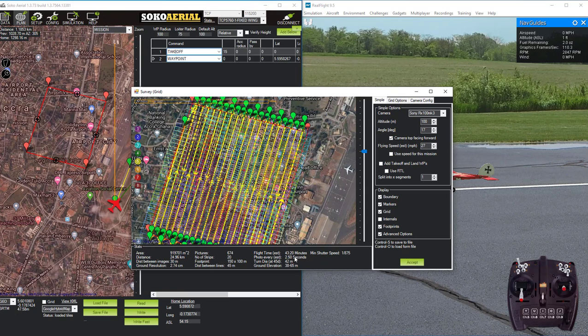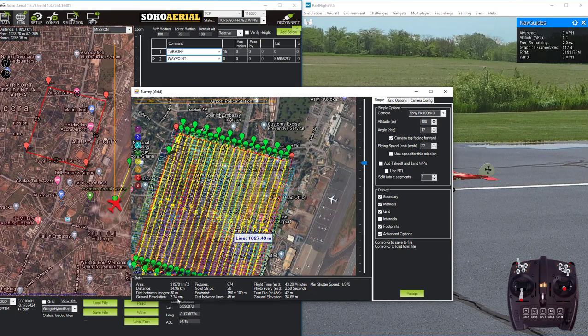I have some interesting statistics about my flight. I have a flight time of around 43 minutes 20 seconds. I'm taking close to 674 images, and I'm covering a distance of 24.96 kilometers. Okay, that's not bad.